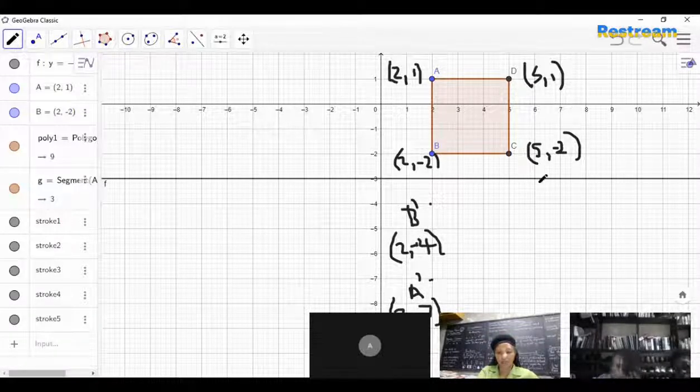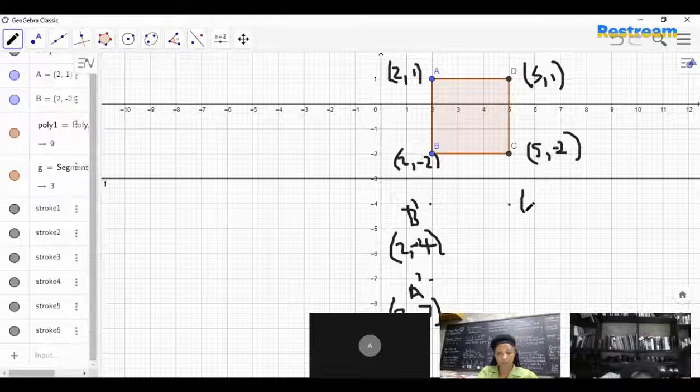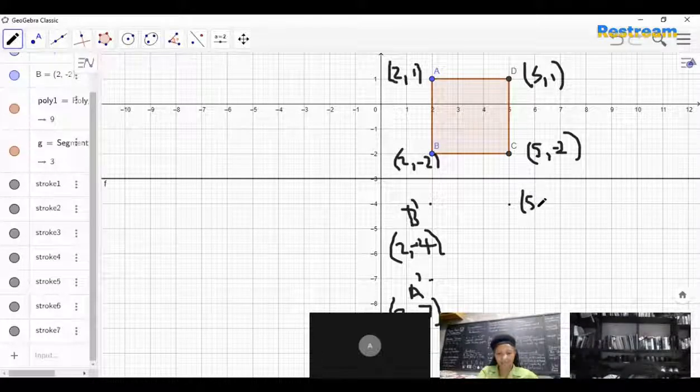C prime would be 5, negative 4. So I was doing D prime.